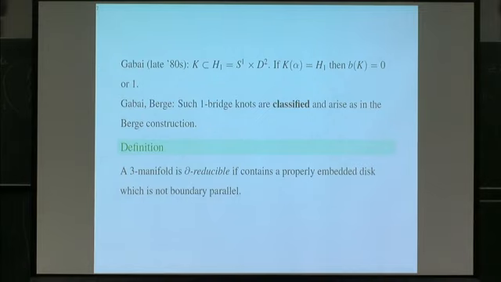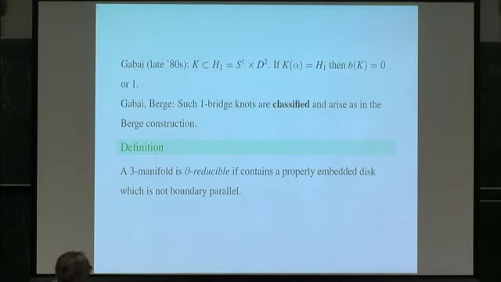So this was an important concept towards classifying certain knots that admitted at least solid torus surgery. Gabai showed that if you have a knot in a solid torus, so a handlebody of genus 1, and it admits solid torus surgery again, then in fact that knot is at most one bridge. It could also be zero bridge.